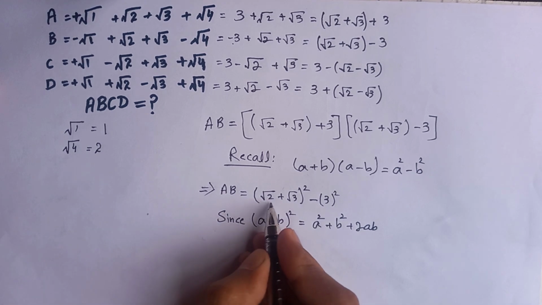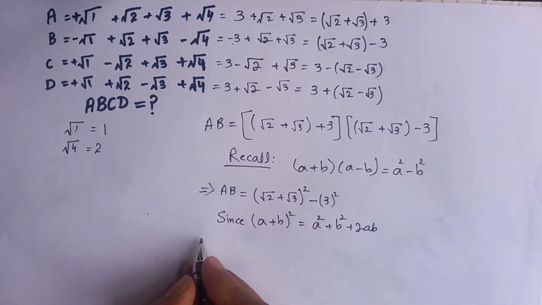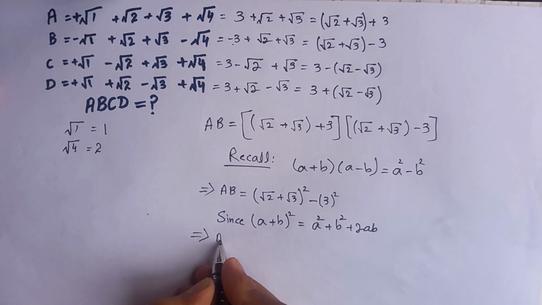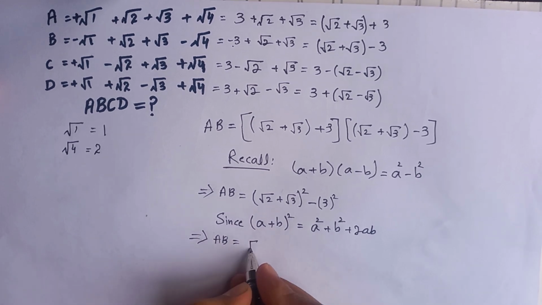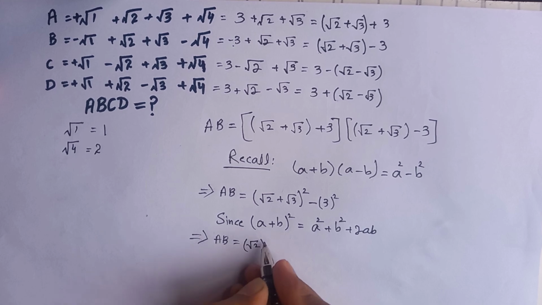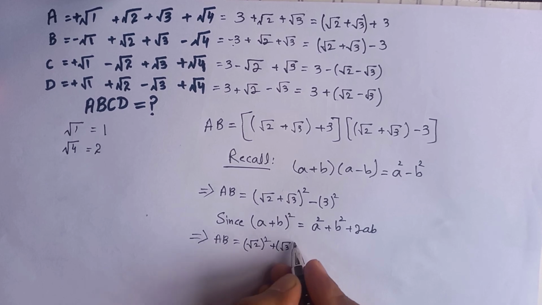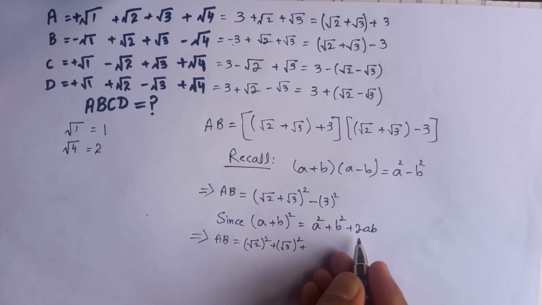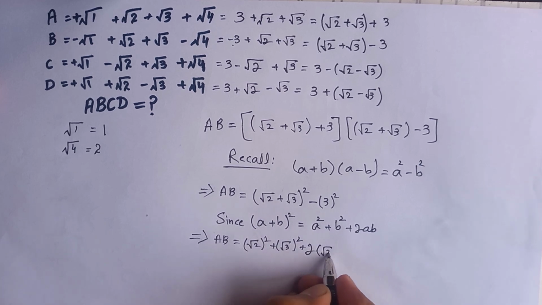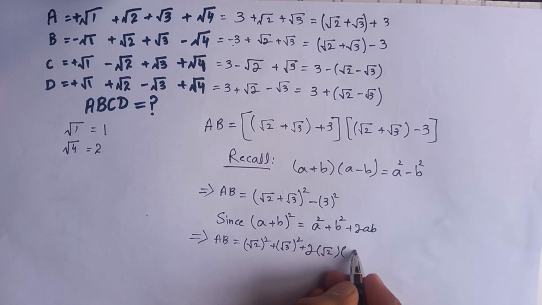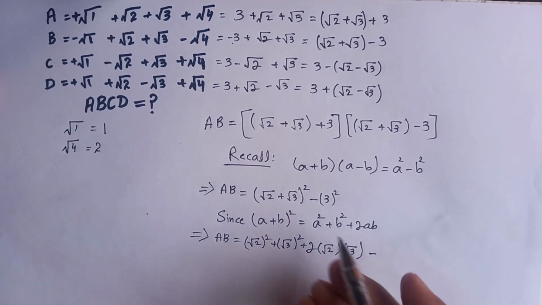Remember the value of a is square root 2 and the value of b is square root 3. So ab is equal to square root 2 whole square plus square root 3 square plus 2 times square root 2 times square root 3 minus 3 square.